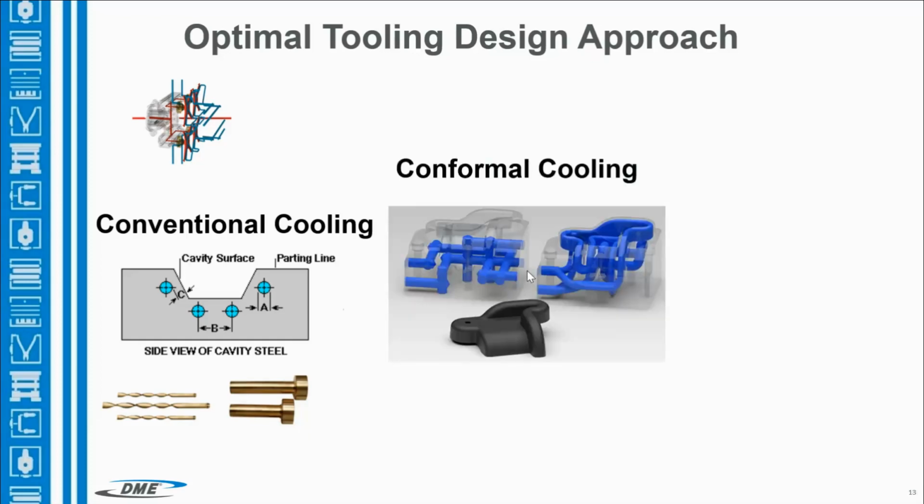And that's where the new technologies like conformal cooling allows us to put water circuits in lifters. It allows us to put water circuits uniformly to the surface of the tool steel. The problem with conformal cooling, it's a more restrictive flow path. So when you start adding this new technology, it's not a free lunch, and you're going to have to prepare for the maintenance that comes with it.